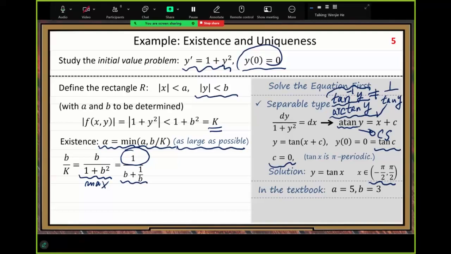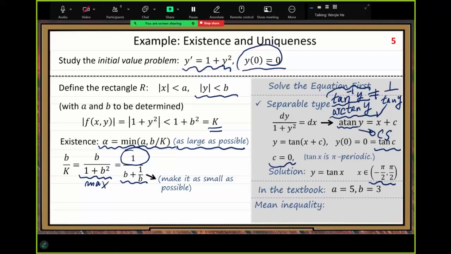Our goal is to make the fraction value the maximum, and the numerator is constant 1. So that means we should make the denominator b plus 1 over b as small as possible.